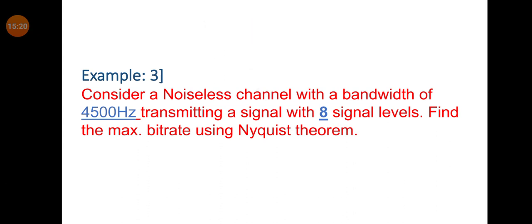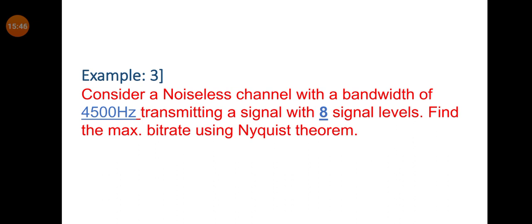Okay, now one more problem is given here. Problem 3: consider a noiseless channel with a bandwidth of 4500 Hz transmitting a signal with 8 signal levels. Find the maximum bitrate using the Nyquist theorem. So the bandwidth given is WC or B, 4500, and signal levels L is 8.